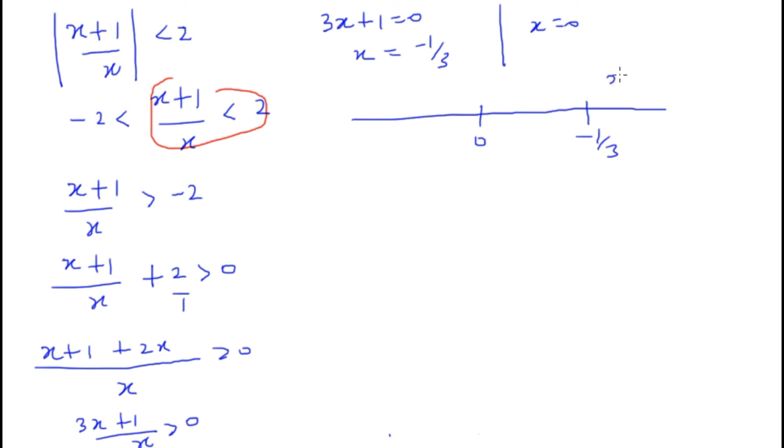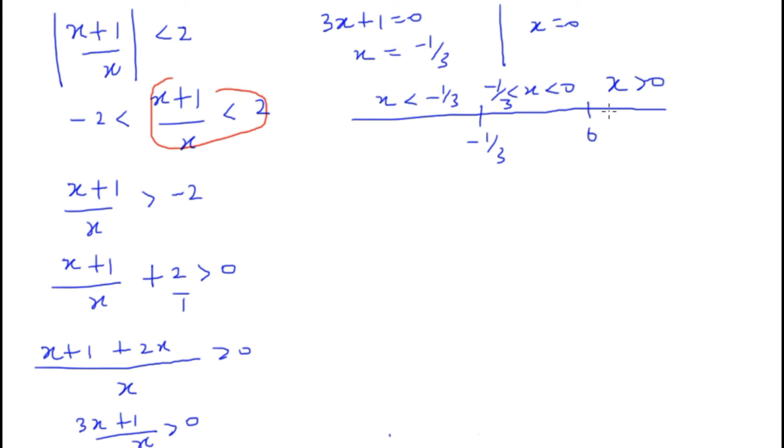So -1 upon 3 should be right here, and 0 should be here. So this is x greater than 0, this is x less than 0 but x is greater than -1 upon 3, and this is x less than -1 upon 3.